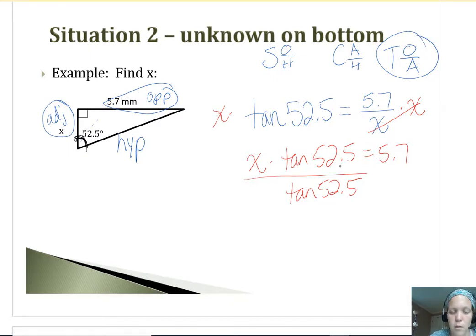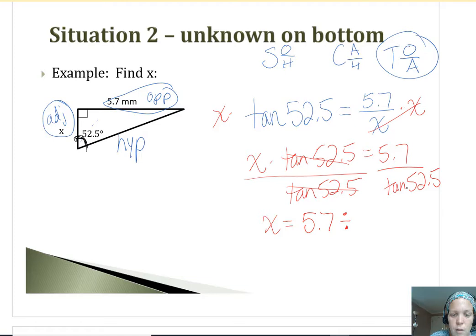I could put tan 52.5 in my calculator right now, and it's just a number. But I like to not have to write out a million decimal points and worry about rounding and all that. So I always just try to do it all in one step in my calculator. It's more efficient, less chance to make a mistake and less chance of having a rounding error.